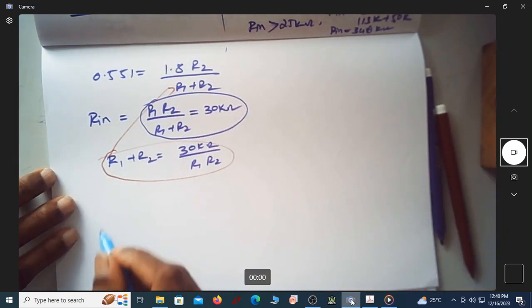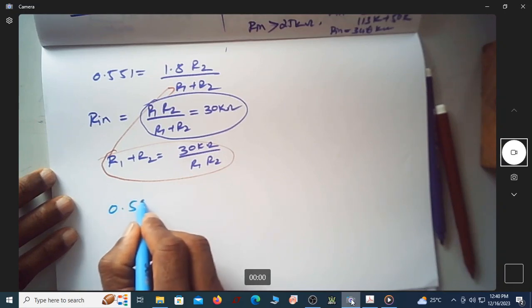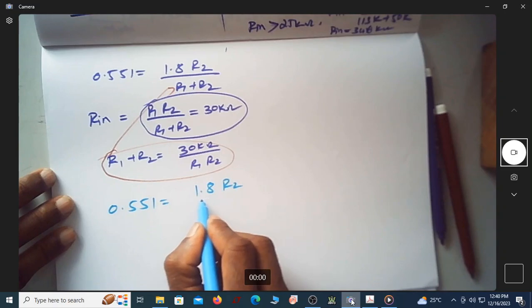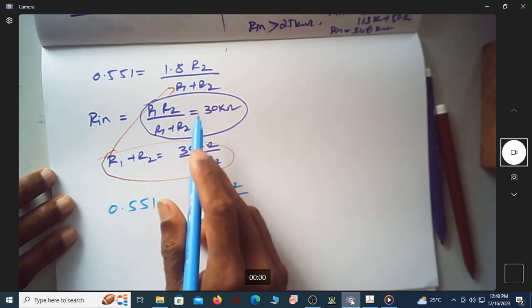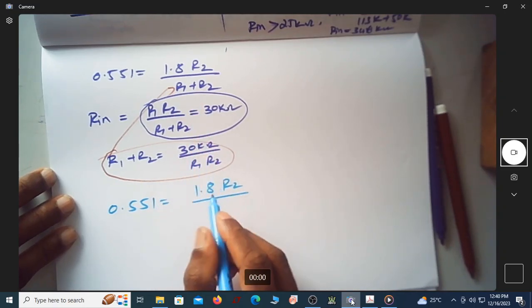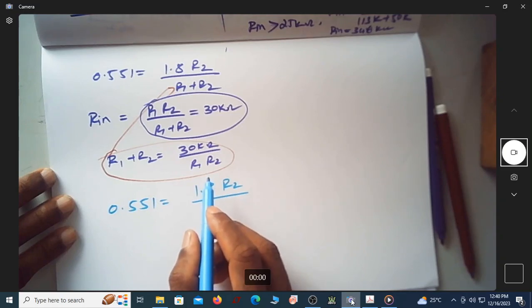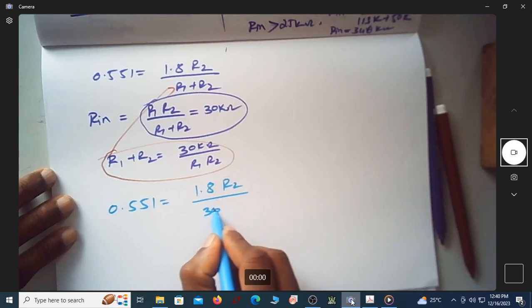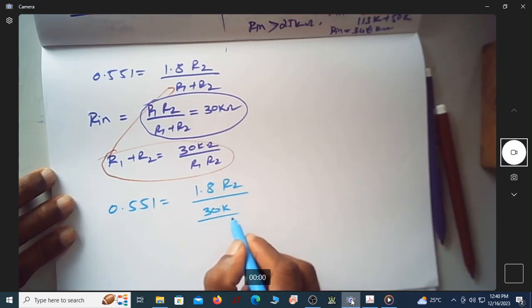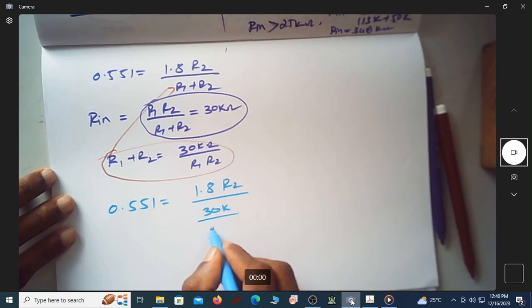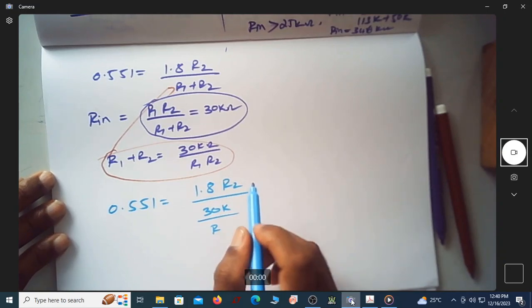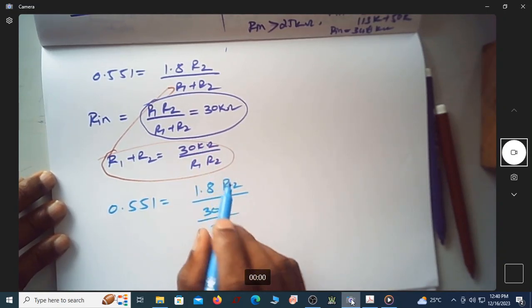Is it not 0.551 is equal to 1.8 R2 divided by, shall I now write it as R1 R2 as 30k divided by, how can you do is, this is one possibility.